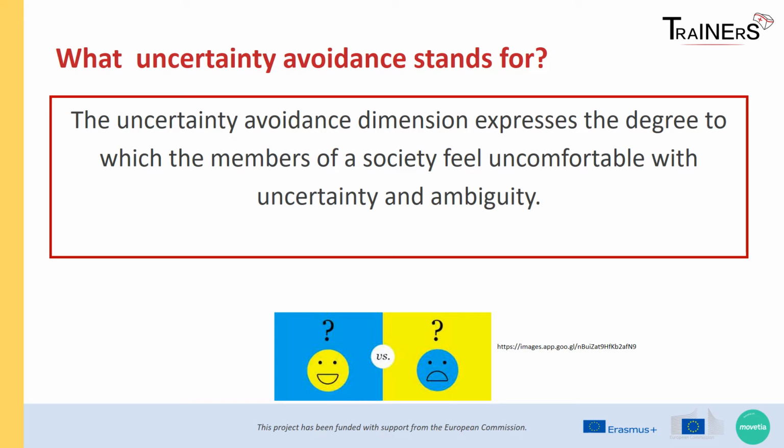This dimension is also very relevant to intercultural contacts, as it reflects the fear and anxiety about what is new or different that is perceived as threatening, or on the other hand, an attitude of curiosity about the unknown or the different.